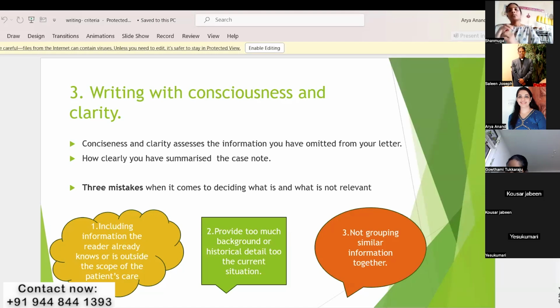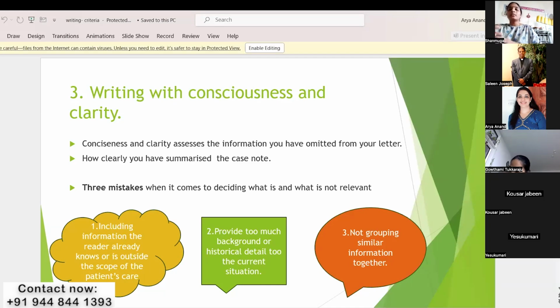When it comes to this criterion, as students we usually make these three mistakes. Let's see what all the mistakes are. We include information that the reader already knows. If the reader already knows that information but we include it, that is also irrelevant.